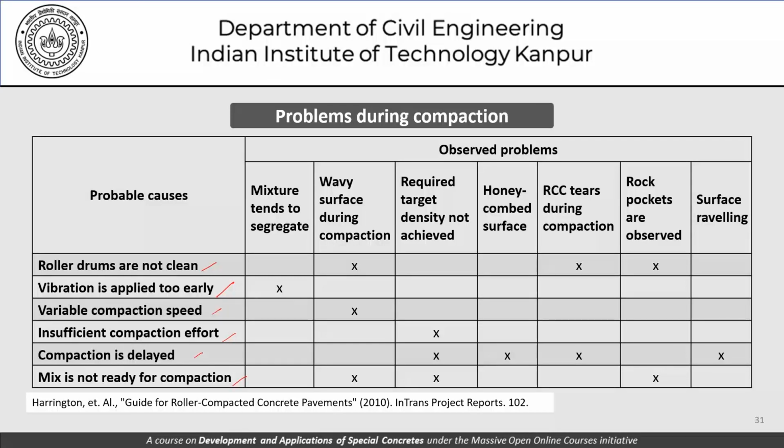So this is the kind of a chart which tells you that if you have a certain problem, what are the areas which you need to look at first, and then move forward and try to do a deeper analysis.